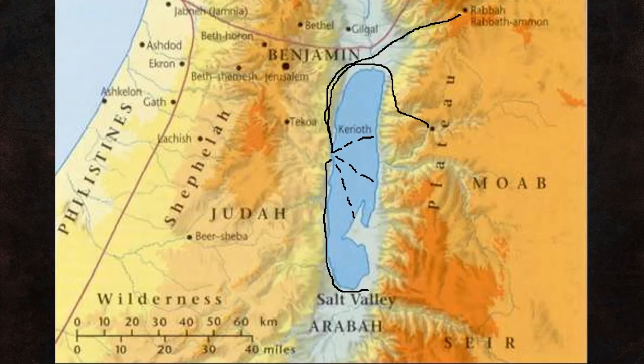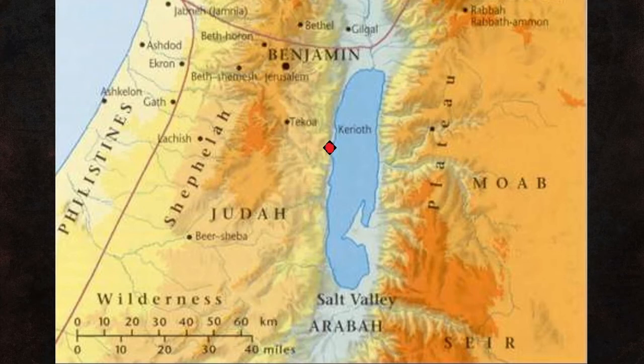They ended up at En-Gedi, which today is a beautiful resort, lots of hotels. It's a tourist attraction. And if you notice that from En-Gedi to Jerusalem, that's 25 miles, something like that, or 20 miles.